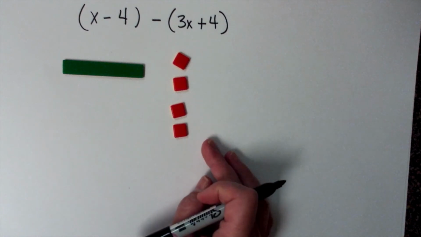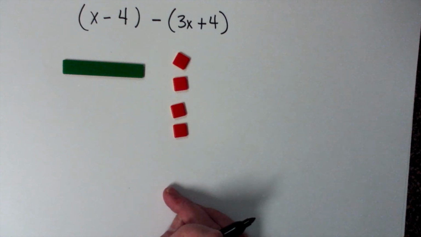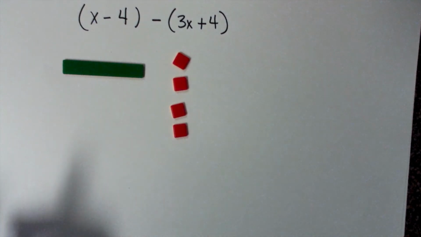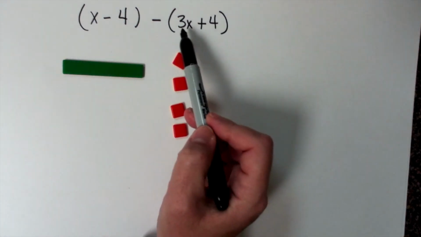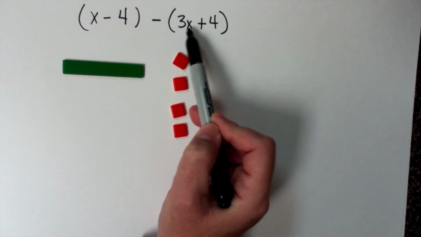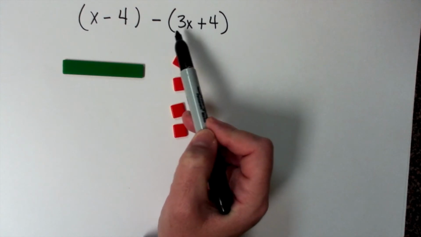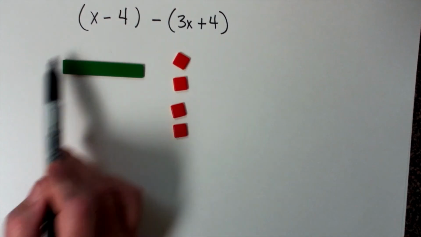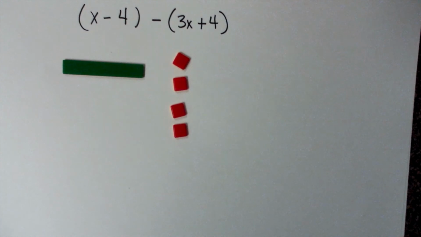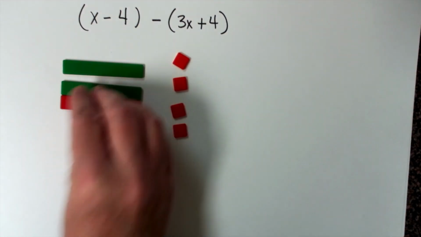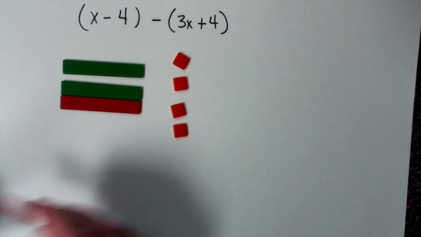Do I have 3x to subtract? No, I do not. So what do I do? Always before we've talked about adding 0 pairs. It's the same thing here. To get to subtracting 3x, I'm going to have to subtract 3x. How am I going to get this to be a positive 3x? Well, I'm going to add 0 pairs. So to get 3x, I'm going to add a positive and a negative, and add a positive and a negative.